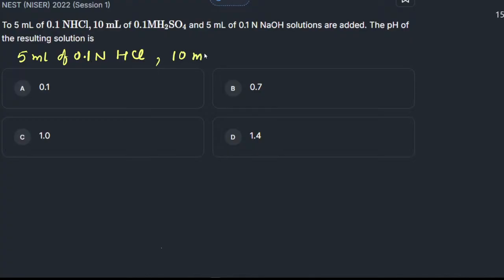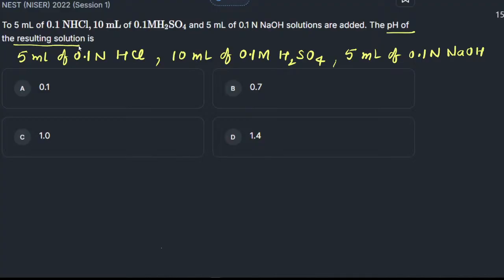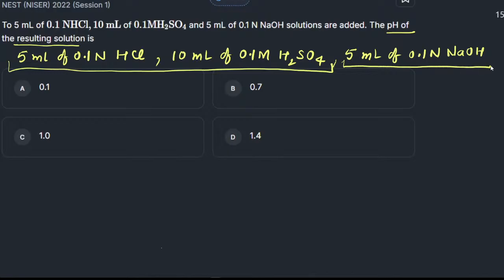And 10 ml of 0.1 molar H2SO4. And third is 5 ml of 0.1 normal NaOH. So what is the pH of the resulting solution? So the first two are acids, the third one is a base.